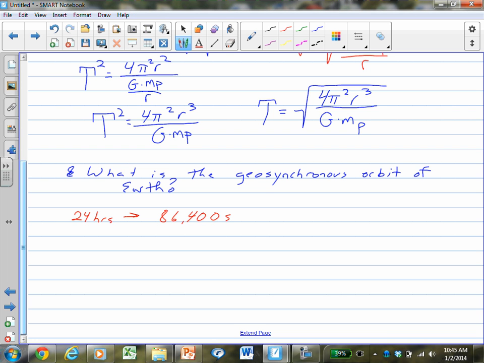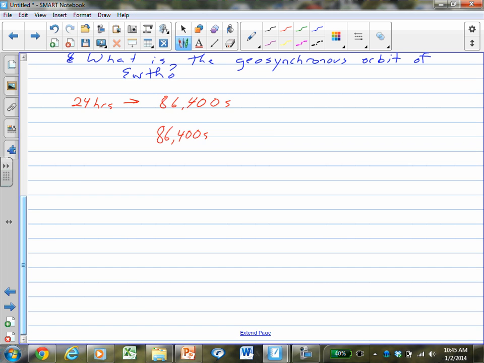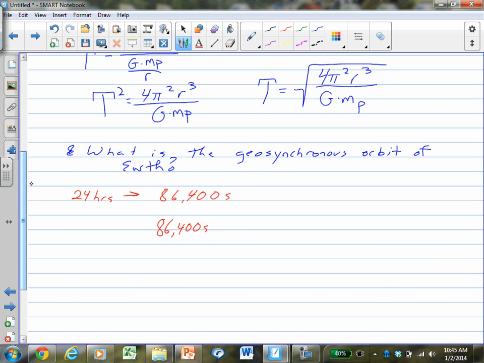So we take our period, 86,400 seconds, and set that equal to the square root of 4 times pi squared times r cubed over 6.67 times 10 to the minus 11. I'm going to leave off the units for ease here. Times the mass of the Earth, which is 6 times 10 to the 24 kilograms. So let's square both sides.